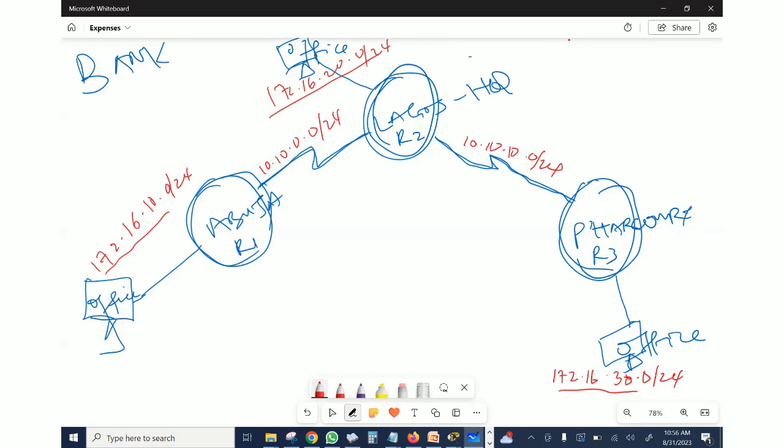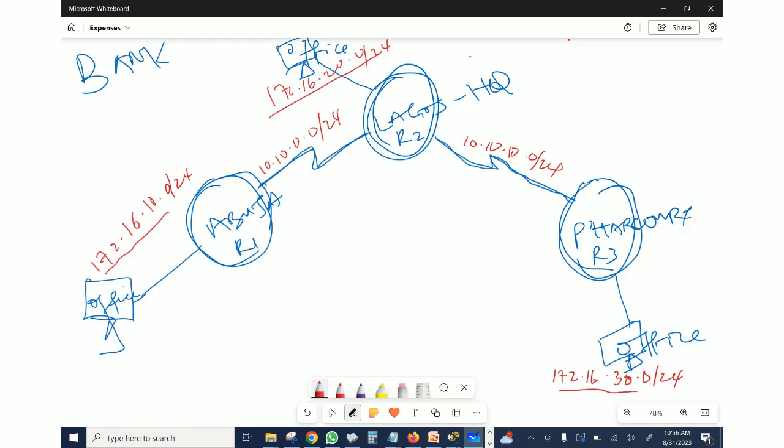They are connected over the 10.10.10 network. Abuja to Lagos is connected on the network of 10.10.10.0/24, and Lagos to Port Harcourt is on 10.10.20.0/24.